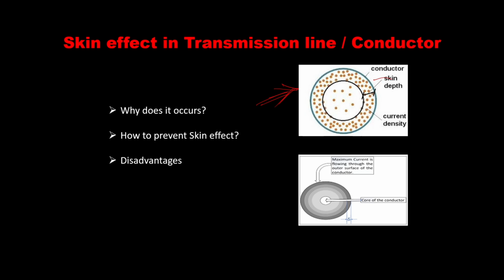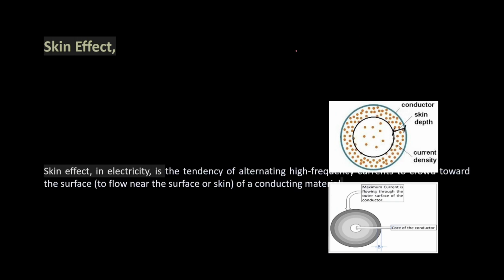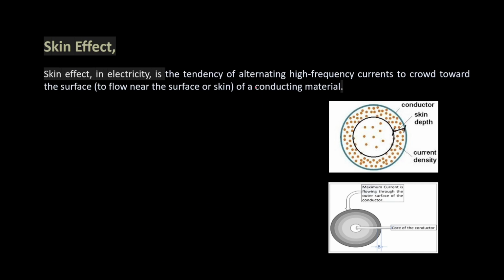So if we go to the definition, skin effect in electricity is the tendency of alternating high frequency currents to crowd toward the surface or to flow near the surface or skin of a conducting material.